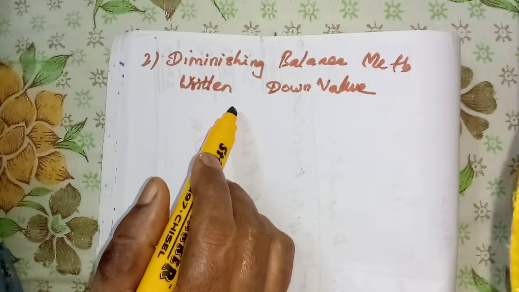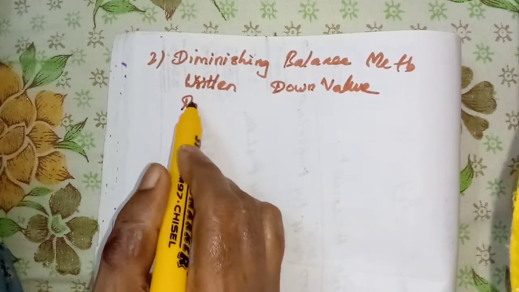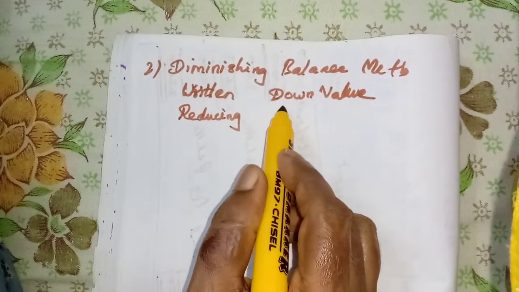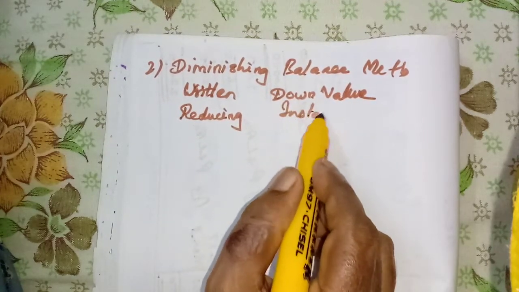Then another name, reducing installment method. The straight line method has fixed installment, here it is reducing installment method.